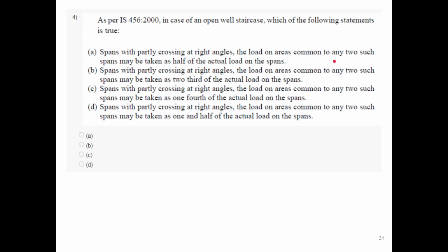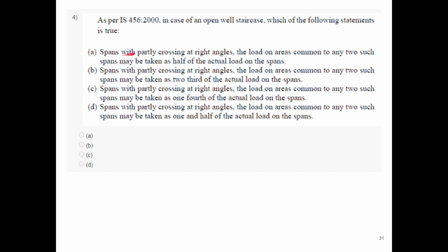Therefore the load on the common areas can be taken as half, because the depth has doubled. That is as said by IS 456.